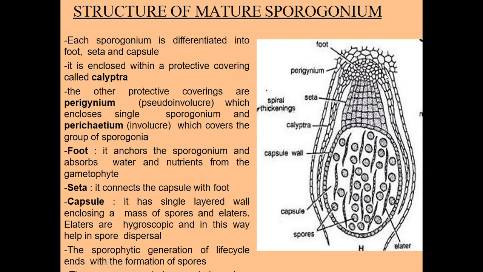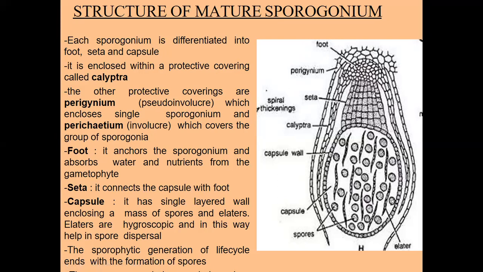Now, the foot is the lowermost part of the sporophyte, which is in continuity with the female gametophytic thallus. This foot plays a role in absorbing the food material from the gametophytic tissue.